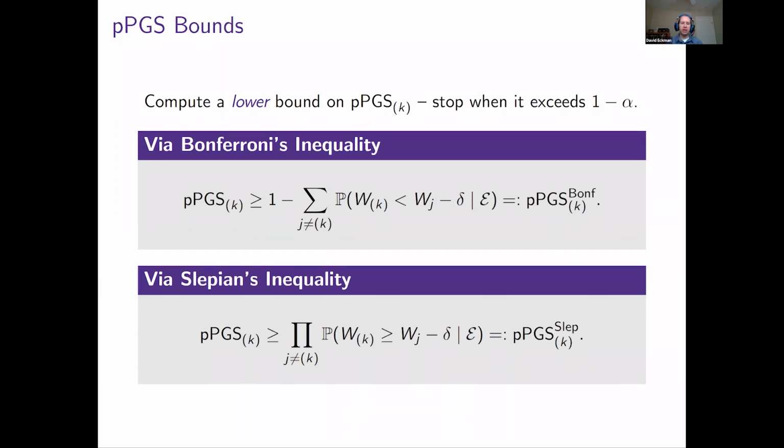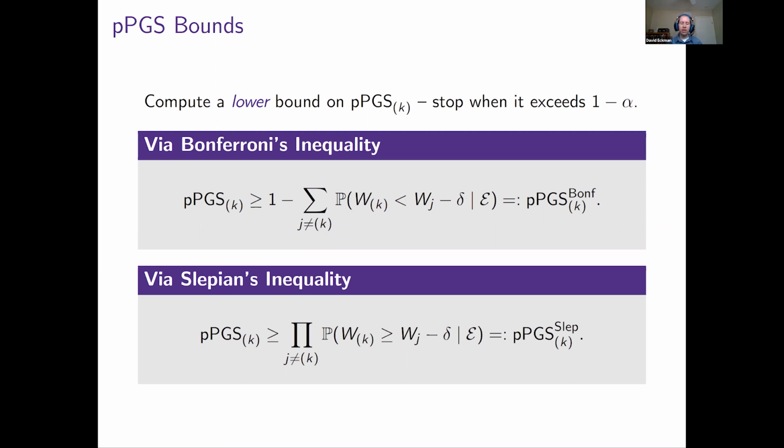Two bounds out there are derived from either Bonferroni's inequality or Slepian's inequality. And in each of these, what appears at the end is an expression that has these probabilities of the differences of either two normal random variables or two t-distributed random variables. In the latter case, when you have unknown variances, it's common to use a Welch approximation to get around this inner probability term.